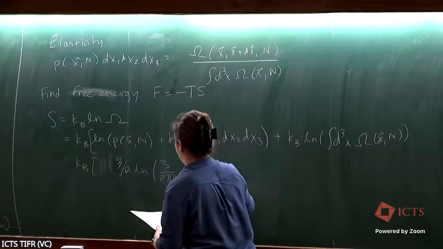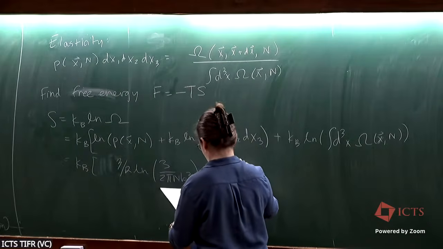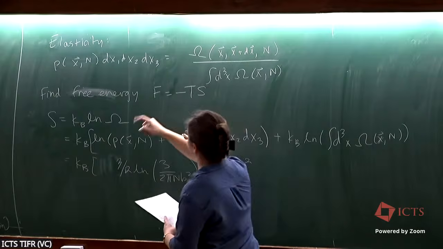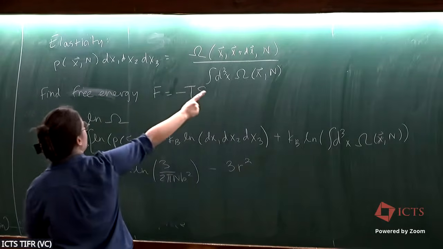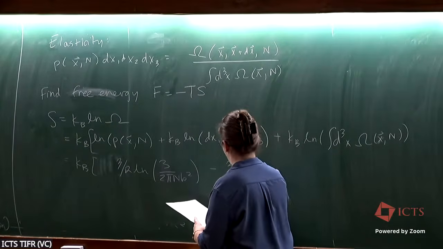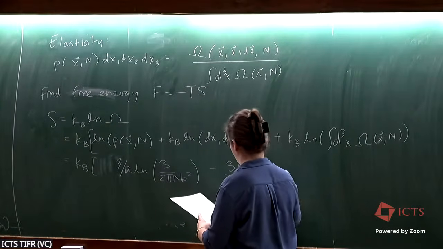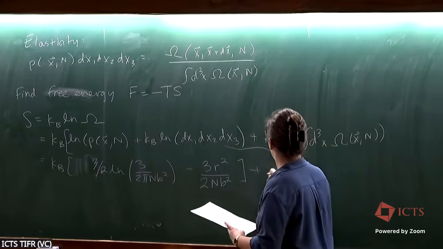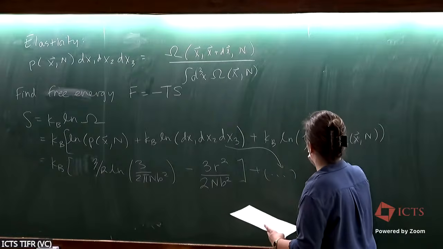And I will also get a term that is 3, I'll call it r squared for my absolute distance here, over 2 n b squared. And then I will also have this term and this term.